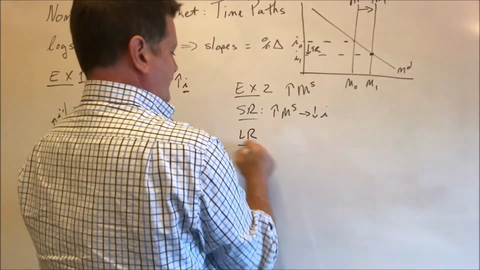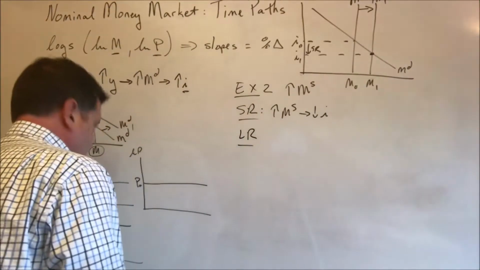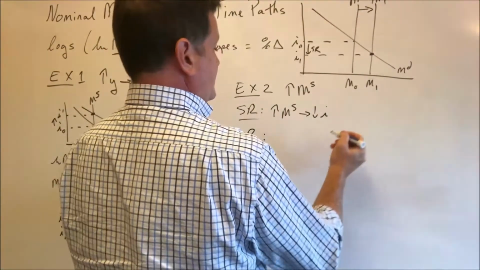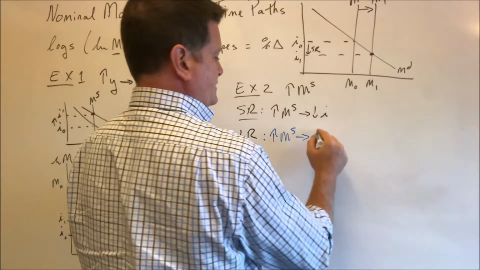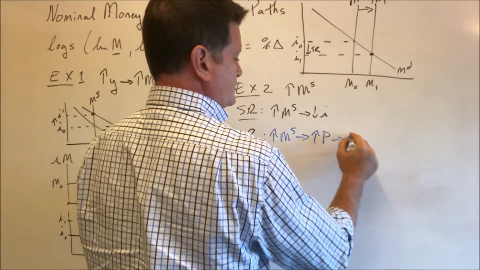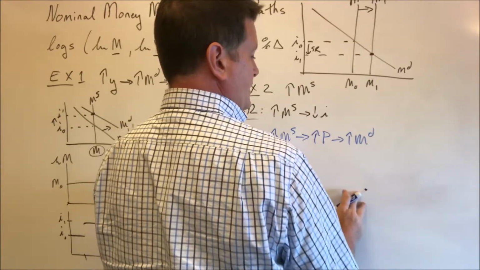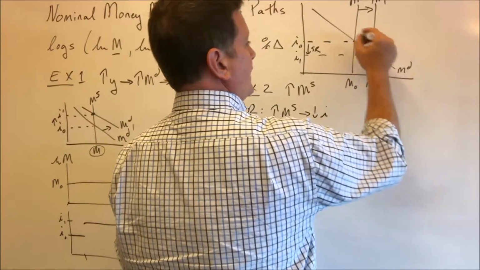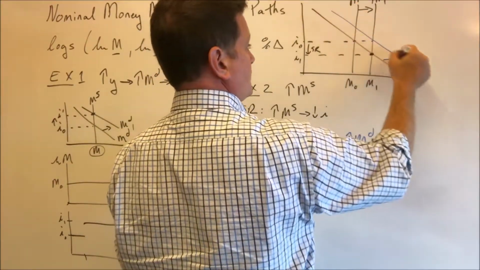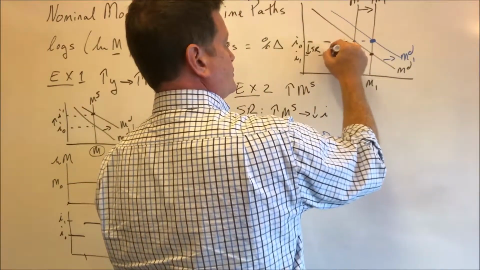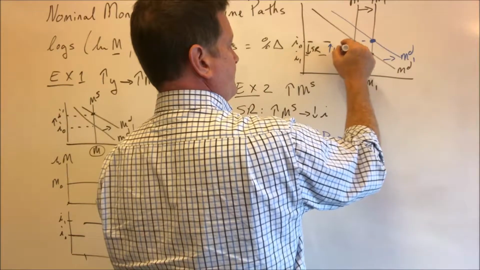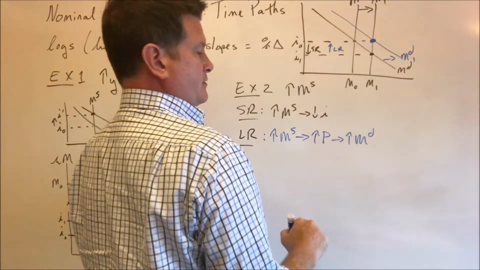The long run effect, let me do that in blue, is that the money supply translates into higher price level, which translates into higher nominal money demand. That increases money demand to there, pushing interest rates back up to their original position.